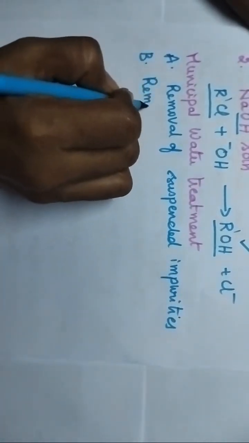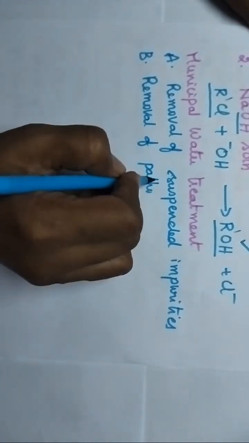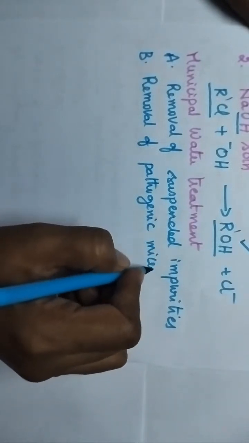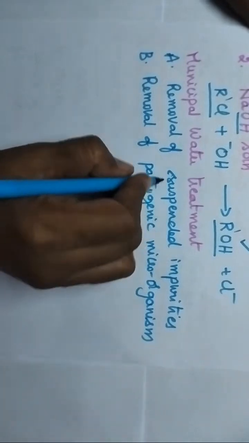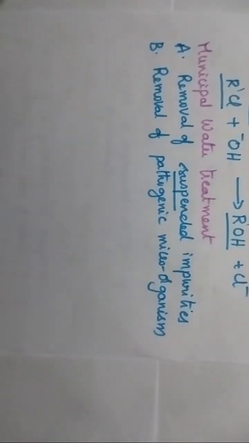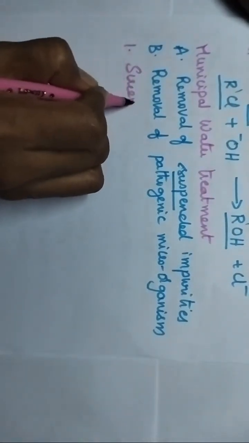And the other one is removal of pathogenic microorganisms. Removal of suspended impurities can be done by following 4 steps. First step is screening.